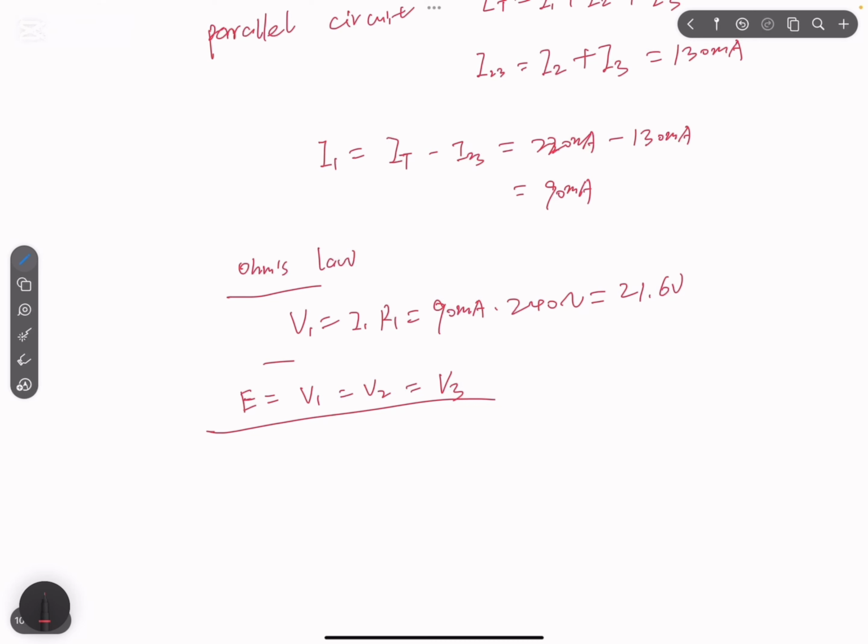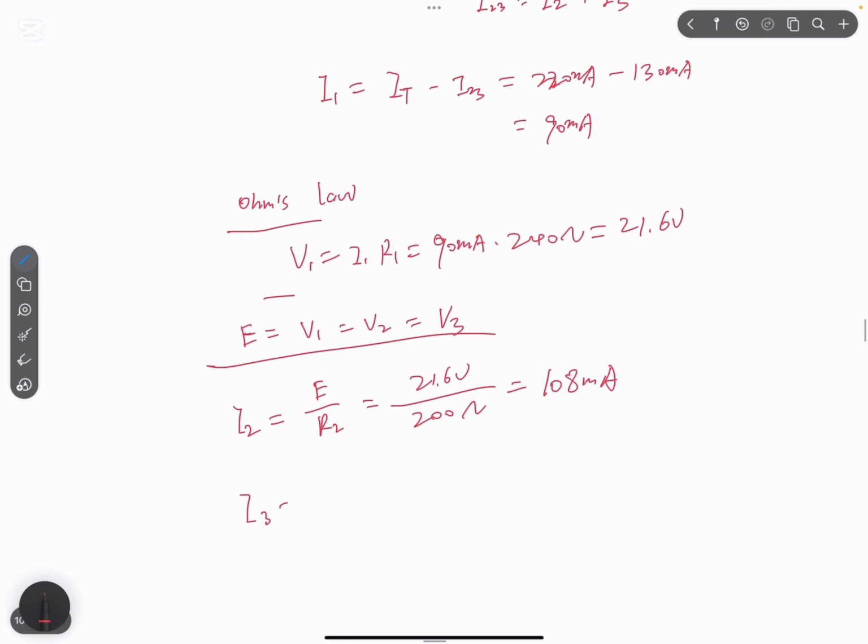Then we can get the current for R2: I2 equals E divided by R2, which is 21.6 volts divided by R2, 200 ohms. That will give us 108 milliamps. And I3 is I23 minus I2, or we can also use E divided by R3.